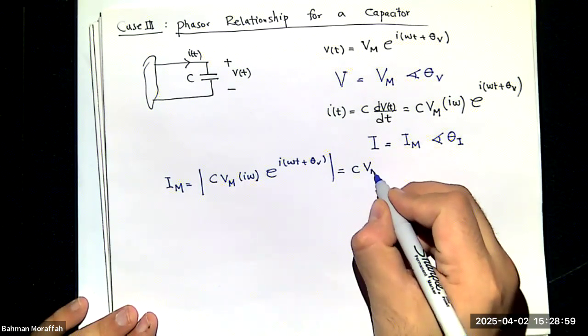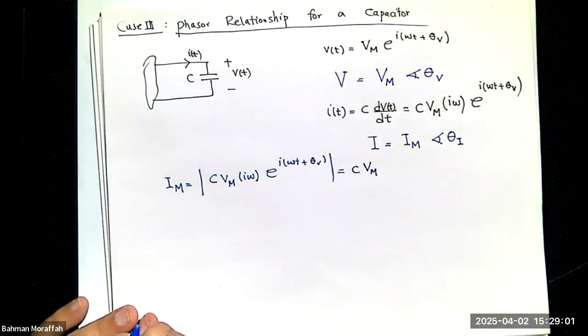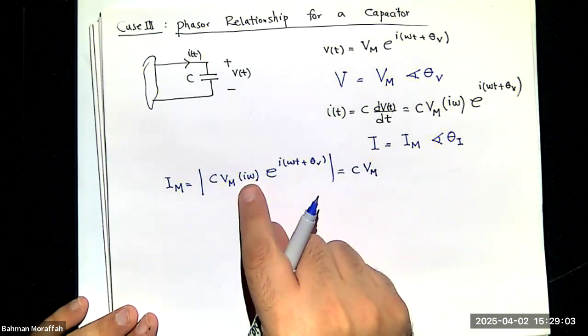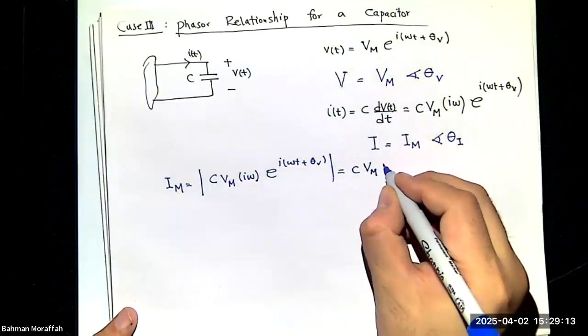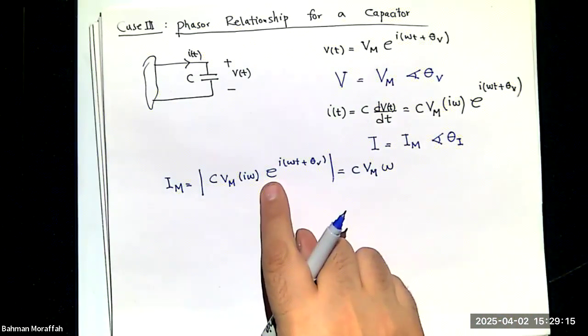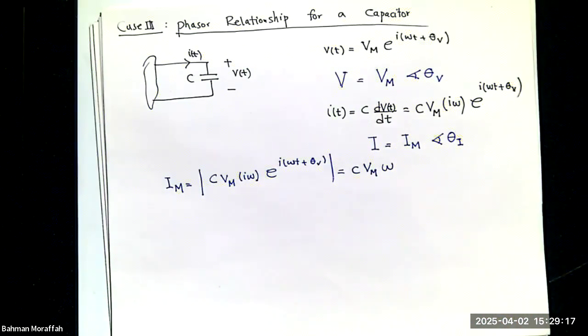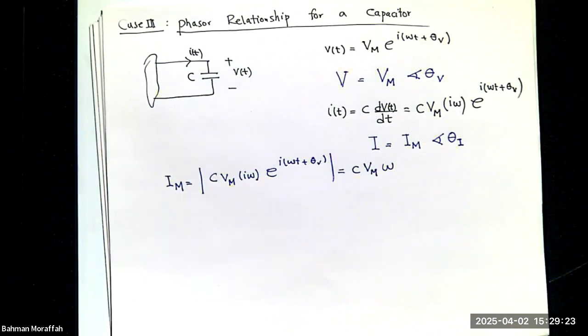Well, again, it's a real number, so it stays the same. What is the magnitude of I omega? That's just omega. Remember, magnitude of I is 1. Right? So that's omega. What is the magnitude of e to the power of I omega t plus theta v? 1. So that is basically Im. We're done.